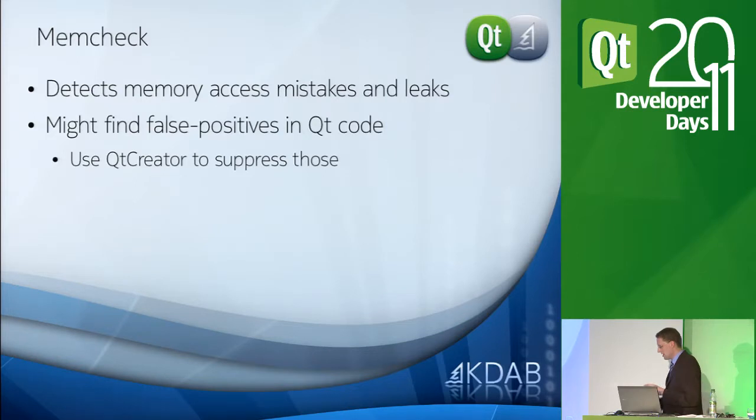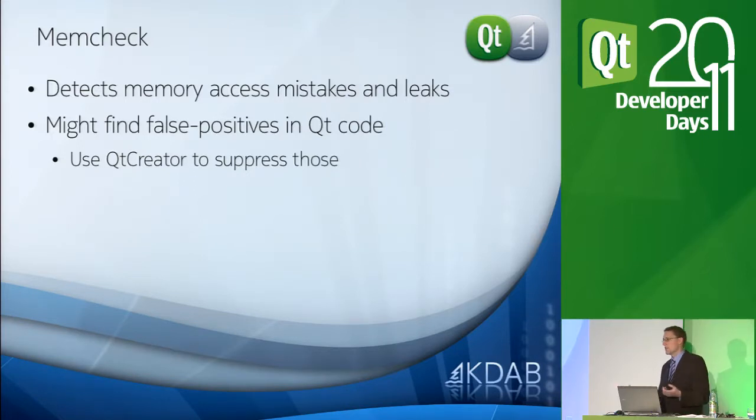So one of the tools, and I think that's the first one that was developed for Valgrind, is called Memcheck. And that validates all your memory access and memory allocations to see if you're actually accessing memory that is allocated, that hasn't been deleted yet. It checks if you accidentally double delete memory. Basically anything you could do wrong with raw memory access.